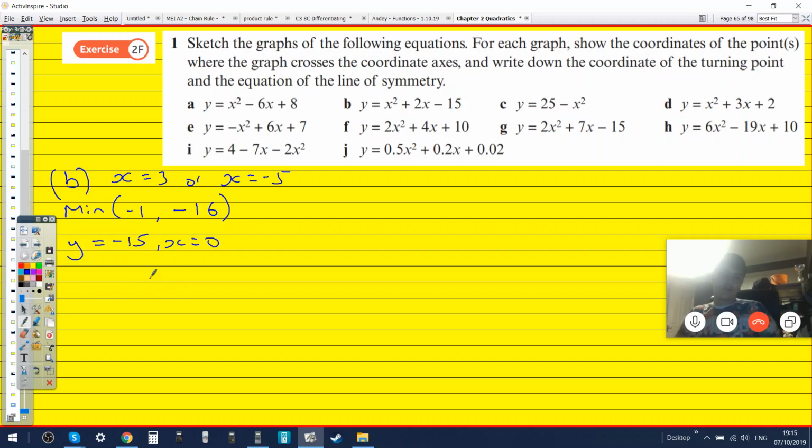So it intercepts at -15. And then the minimum is -1, -16. So it's on the left and then down.